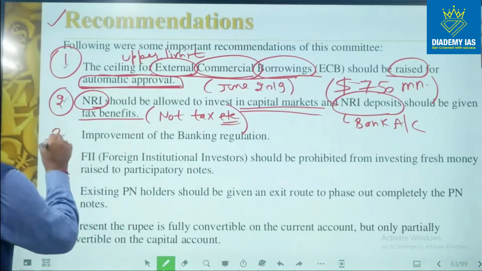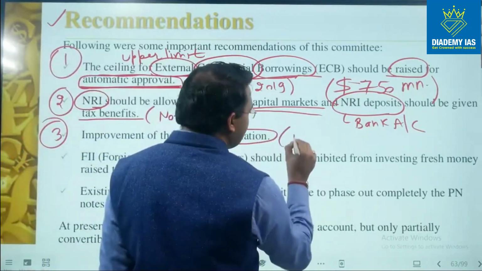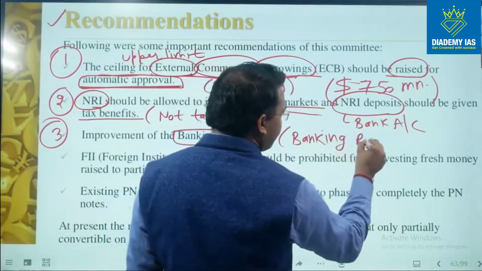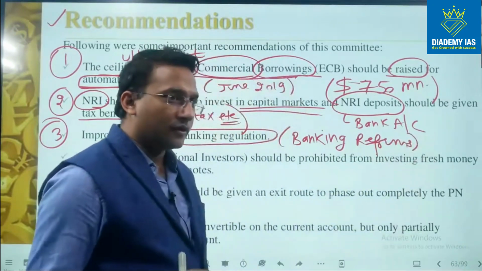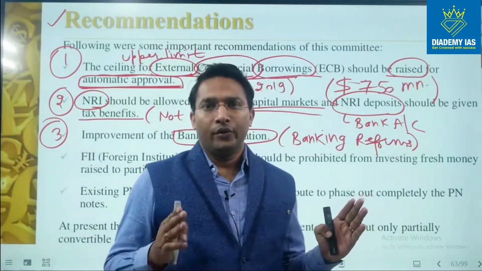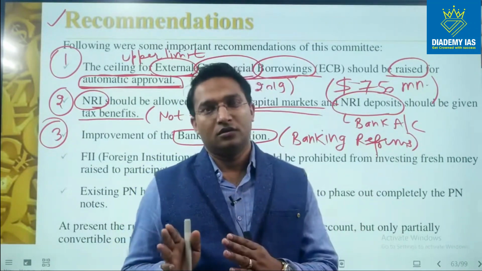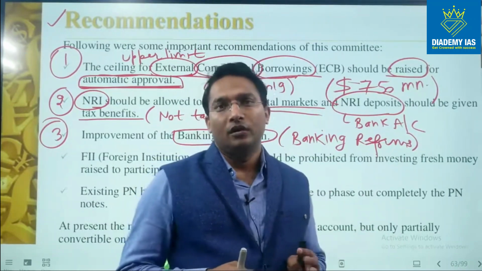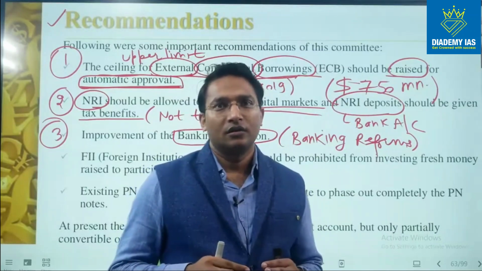Third recommendation, improvement of the banking regulation. That means banking reforms, right? The banking reforms mean the reforms about the governance of the banking system, the system to reduce the risk of bad loans, to implement information technology, banking mergers, privatization of banks, right?